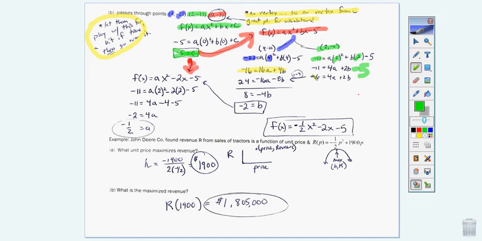But when you add 5 to both sides, you do get -6 equals 4a plus 2b. So let's make this very clear: out of all of this mess, we now have 2 equations with 2 unknowns. So what we can do at this point is simply solve a system.